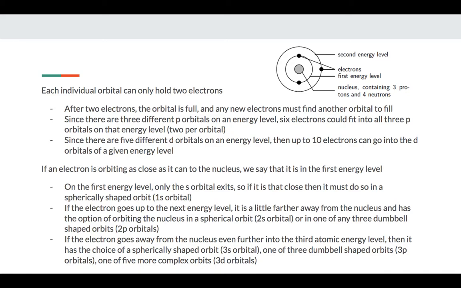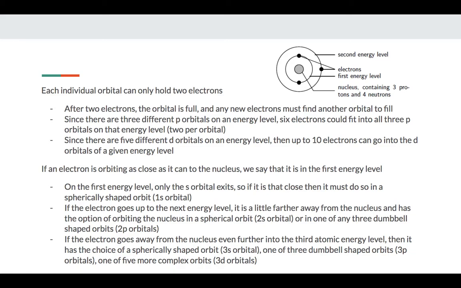So if it's that close, then it must do so in a spherically shaped orbit, the 1s orbital. Now, if the electron goes up to the next energy level, it's a little bit farther away from the nucleus, and it has the option of orbiting the nucleus in a spherical orbit, the 2s orbital, or in any one of the 3 dumbbell-shaped orbits, the 2p orbitals.